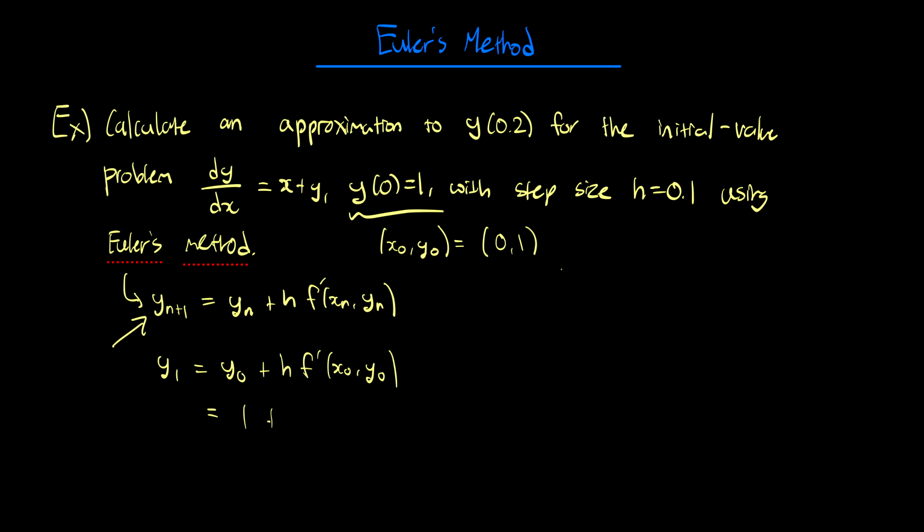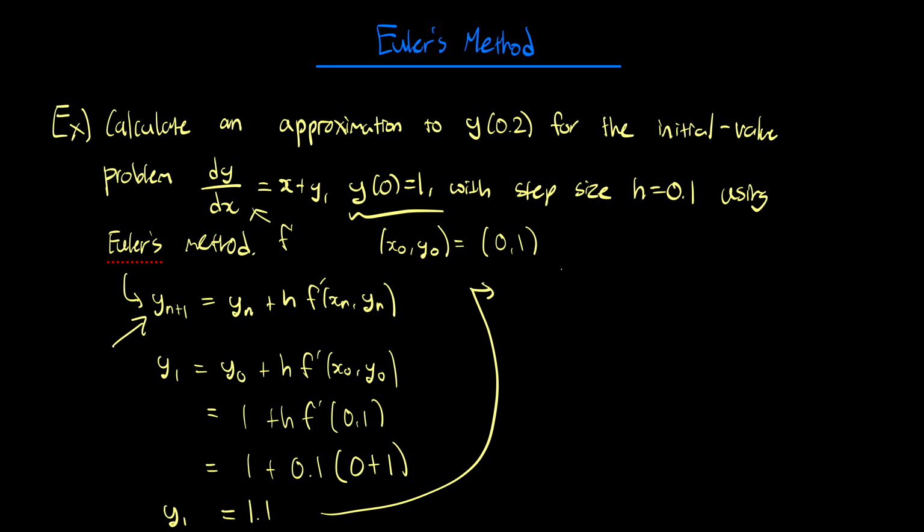So 1 plus h f'(0, 1) equals 1 plus 0.1 times, and this is f', so that is going to be 0 plus 1. And y1 is going to be equal to 1.1.